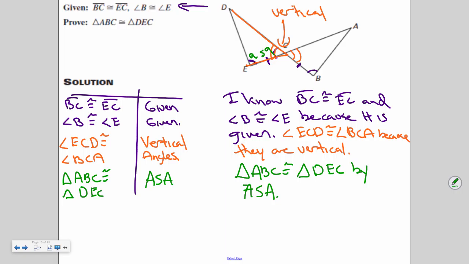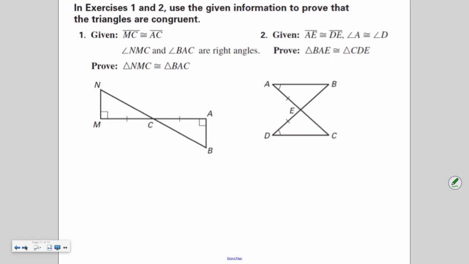You have to explain the vertical angles, the alternate interior angles, and the midpoint. For the next few problems, they continue through. Again, you are given certain things, and now you have to prove the triangles congruent. You can either use a two-column proof or a paragraph proof, whichever fits your methodology the best.